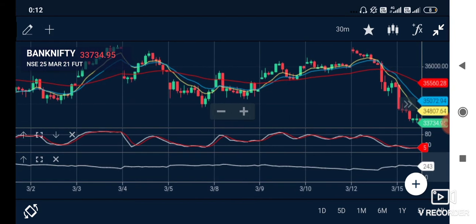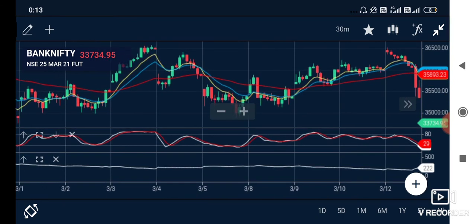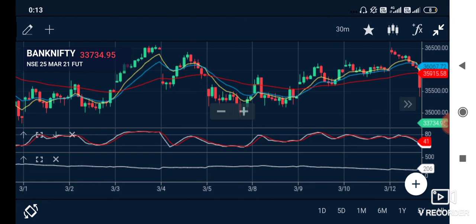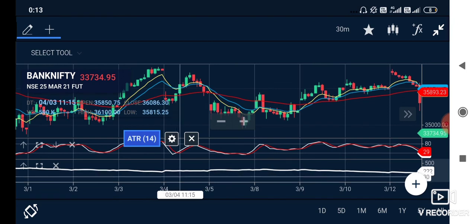Let's see another example wherein you can actually find this amazing thing. Okay, so here is that example. If you see right here, everything is matching. It's a crossover, and here is where we will go ahead and get into the trade. So that is at 36,086 the target.